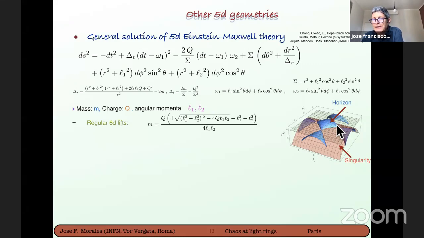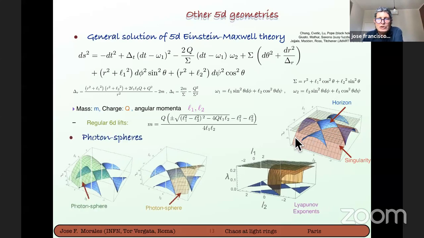The black hole lives inside this square for angular momenta which fall inside the square. You see the horizon is always outside of the singularity. And all these other regular 6D geometries live in these rings, or some lines in these wings of this graph. I will focus for the moment on these black holes.